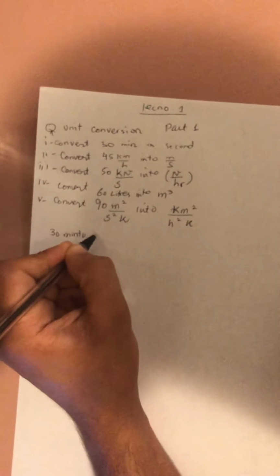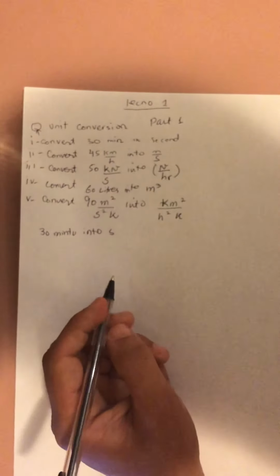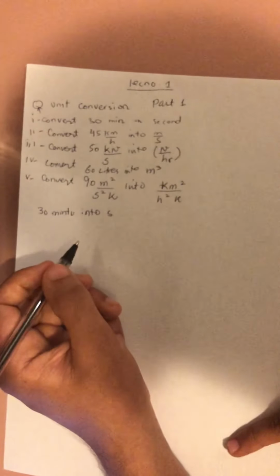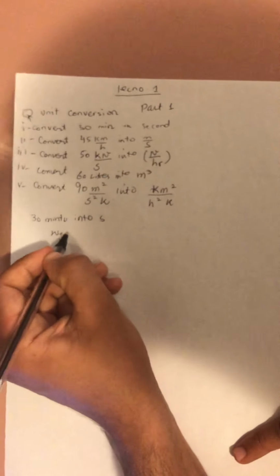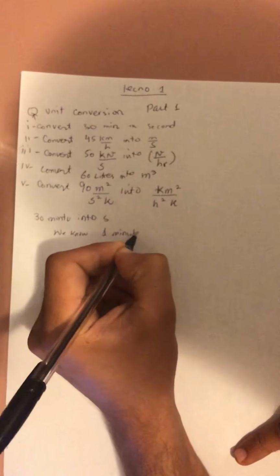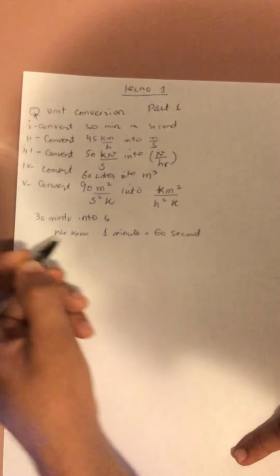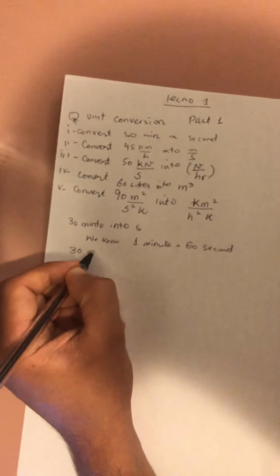Before that we have to find the relation between minutes and seconds. We know 1 minute is equal to 60 seconds, right? Now the question is 30 minutes.